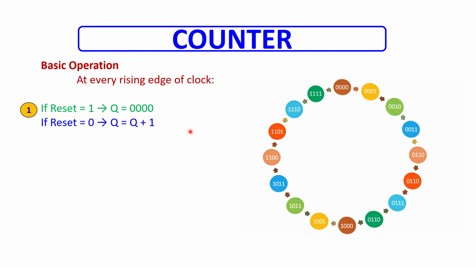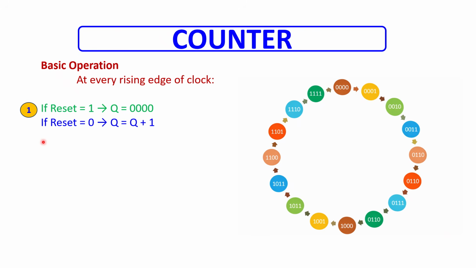Now the main thing we have to keep in mind, look at this. This is the counter working. If reset is equal to 1, the counter clears and it becomes 0. In this stage, reset is 1 and the counter is clear.